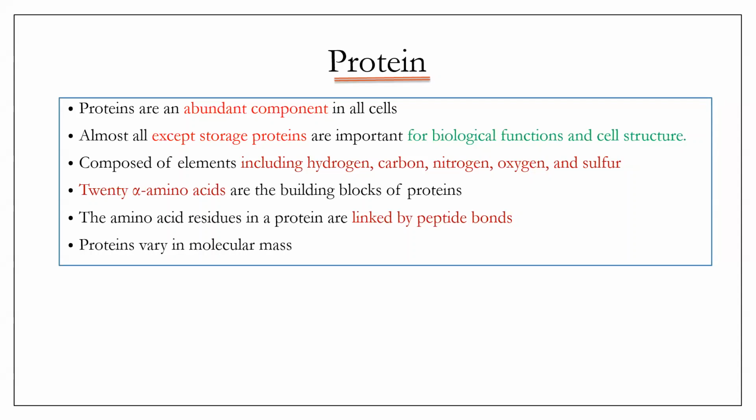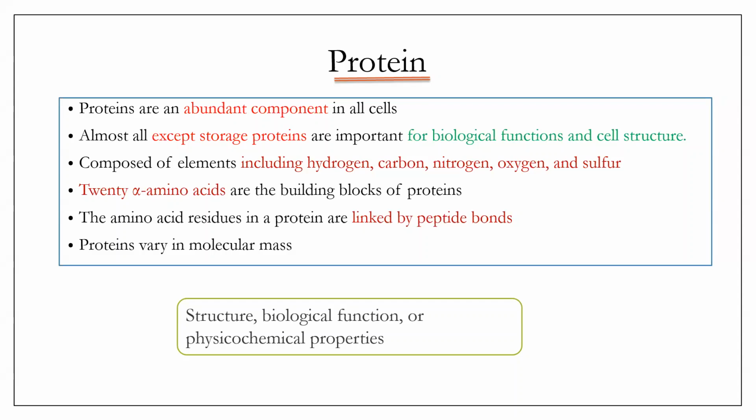So the difference in the amino acid residue is going to define the molecular mass of a protein. Apart from the changes related to molecular mass, the amino acid also governs the structure. So what type of structure a protein is going to take is highly dependent upon the amino acid sequence which it has.